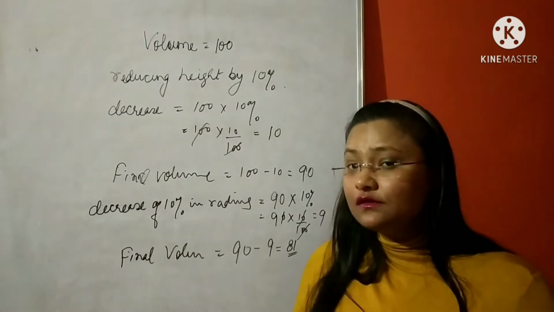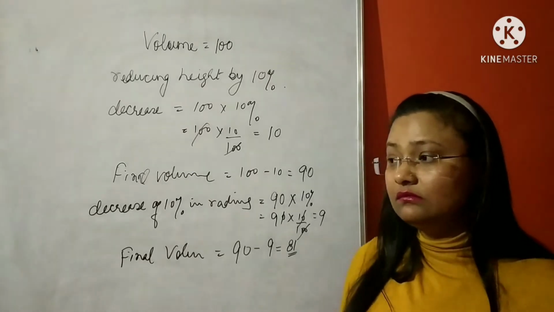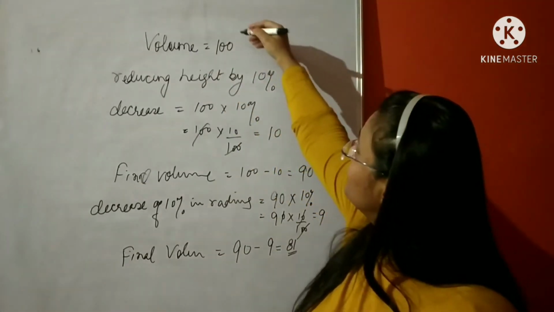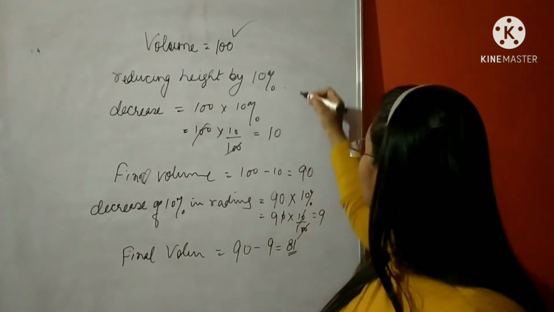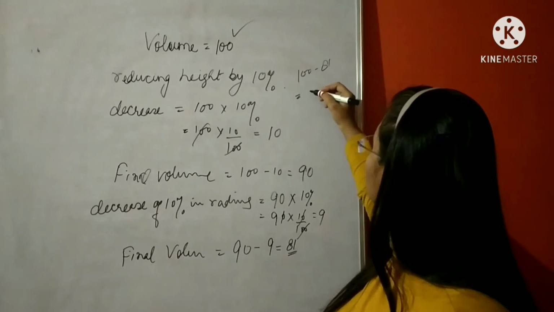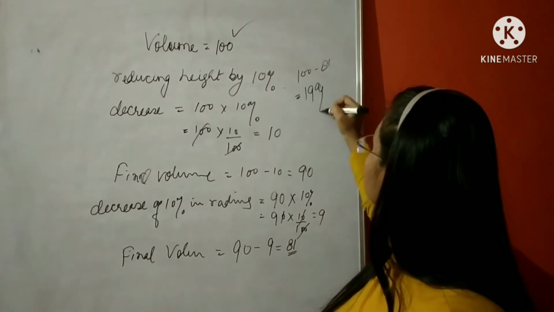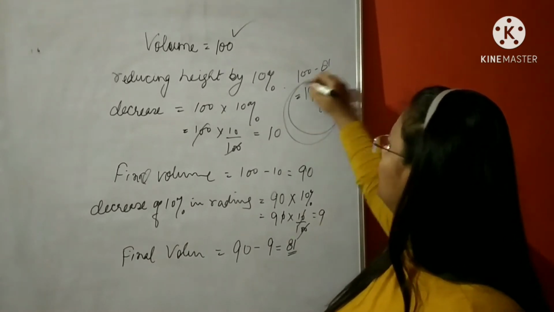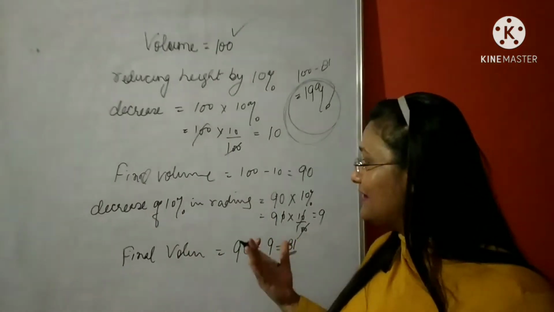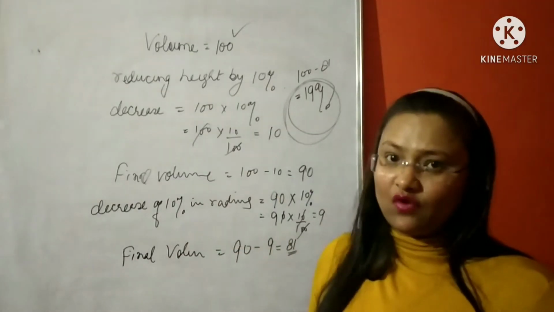Now if we want to know the overall decrease, we will look at the initial value. So it is 100 minus 81. So the answer will be 19. So there is a decrease of 19% altogether. The benefit of doing this is that we do not need to remember any formula for it.